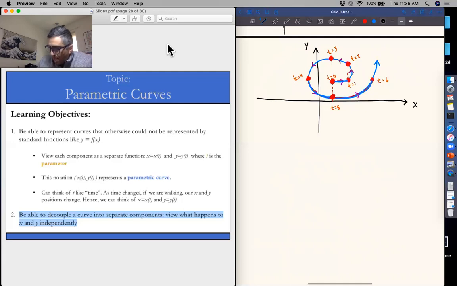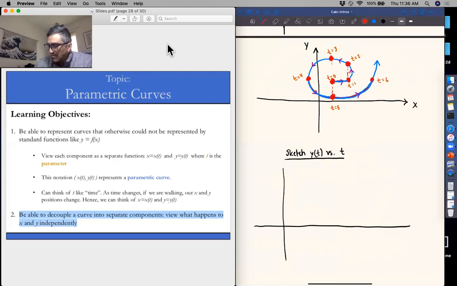Now we're going to be sketching y of t versus t. Which means we're going to make our axes: the vertical axis is y of t, and the horizontal axis is t. And again, we're really only looking for values between t equals 0 and say t equals 6 in this case.